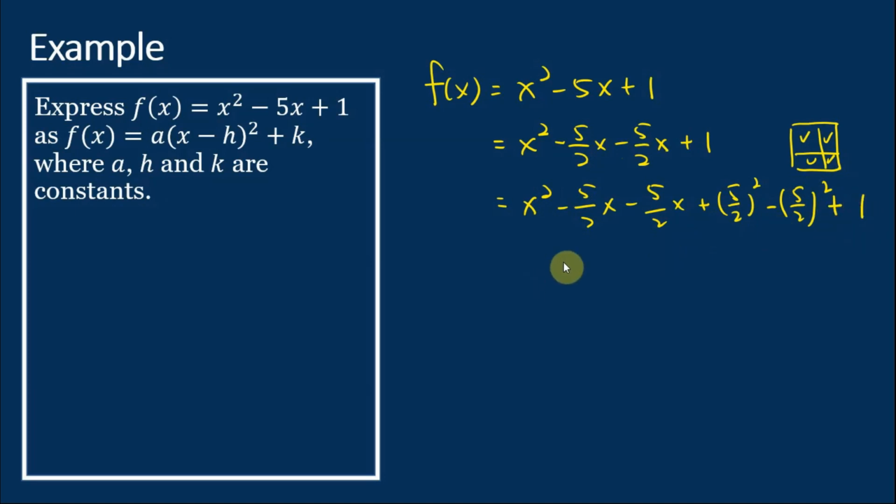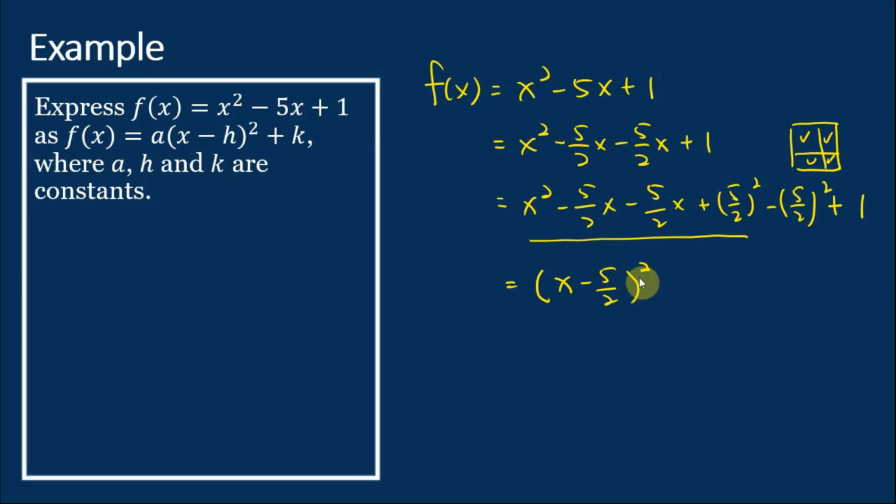So now we know that these 3 terms form a complete square. We put them into the brackets, and the constant inside this bracket is equal to the coefficient of the x terms, so it's negative 5 over 2. Then close it and square it.